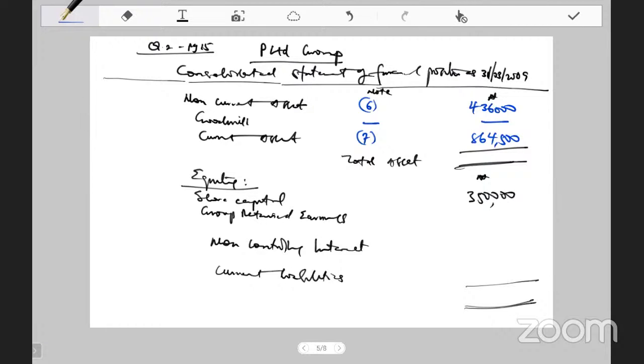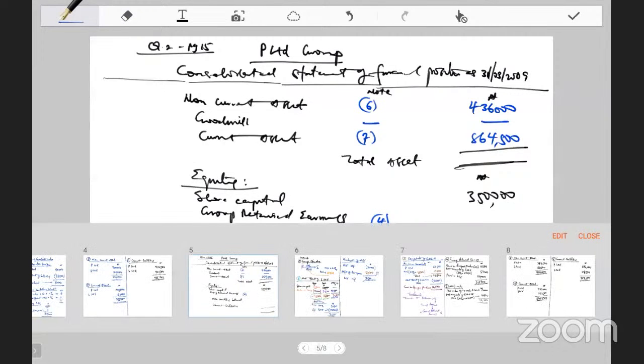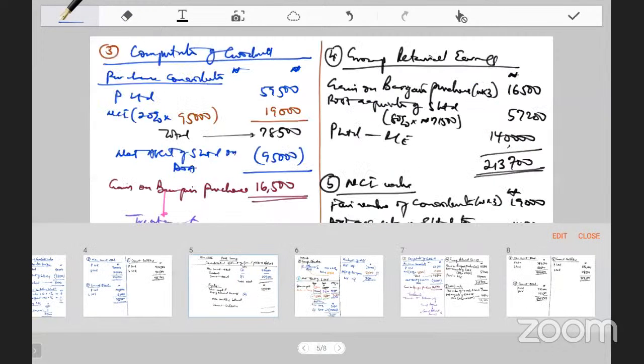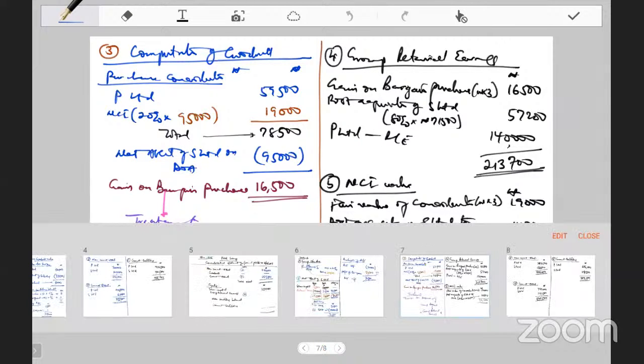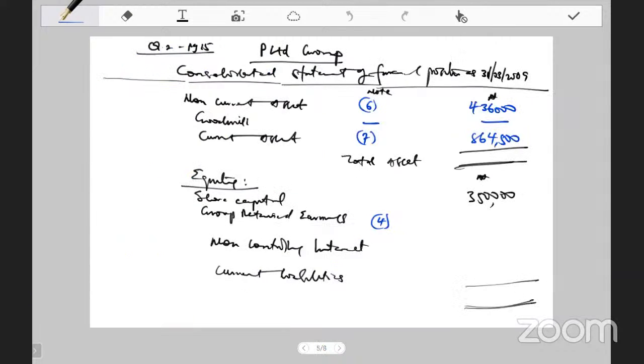So let's have that idea. What's the group retained earnings? That is note 4. Group retained earnings is 213,700.